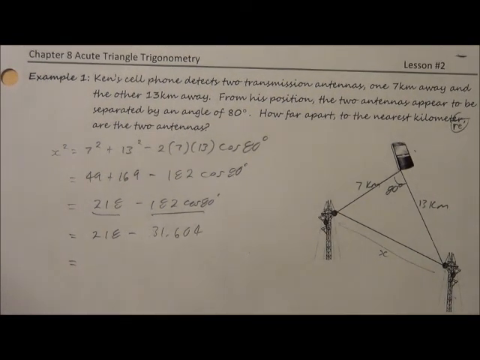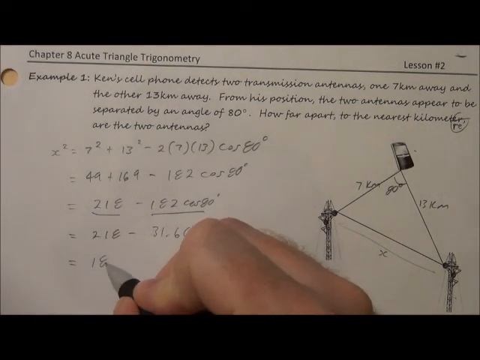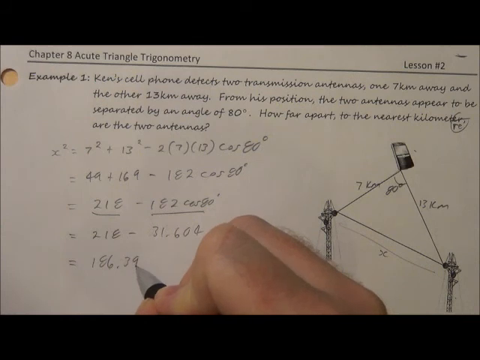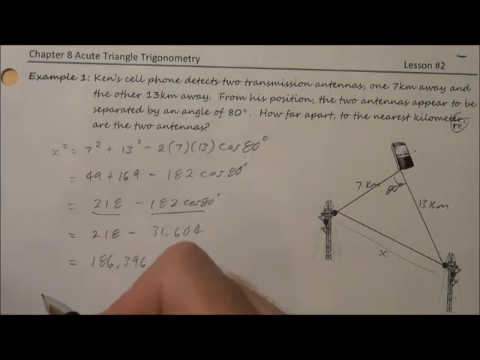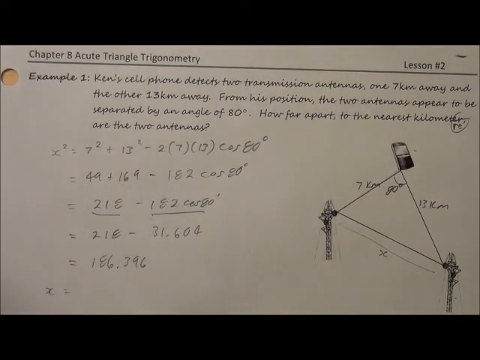Now when I subtract them, I will get a positive value of 186.396, or basically 0.4. Take the square root of both sides, and I'll get 13.65.